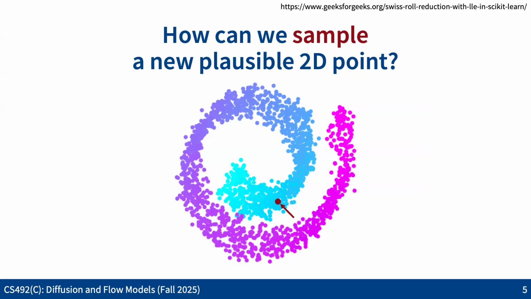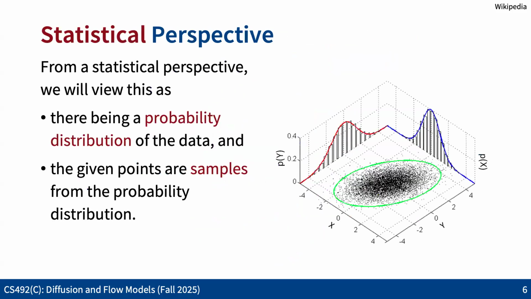Actually, there can be multiple ideas for doing this, but what we are going to discuss in this class over the entire semester is seeing this problem from the statistical perspective. Everything here is basically all about statistics. From the statistical perspective, we treat the given set of 2D points as samples from some underlying probability distribution.